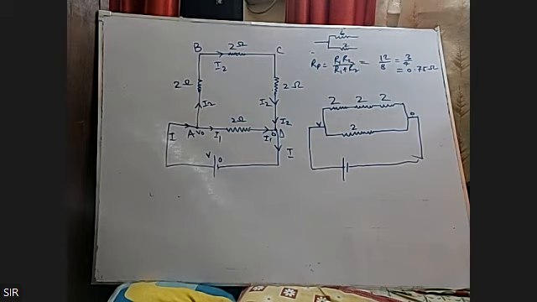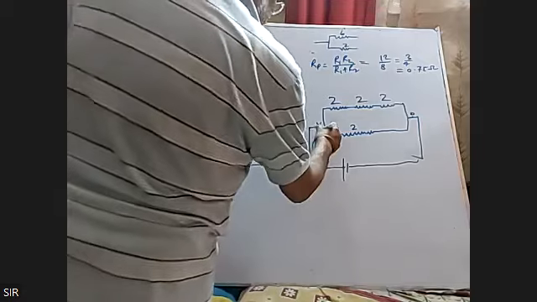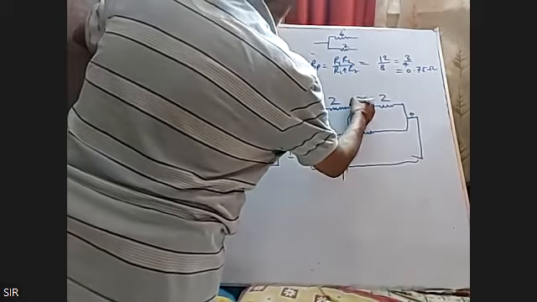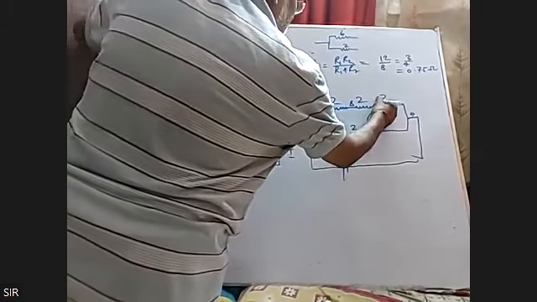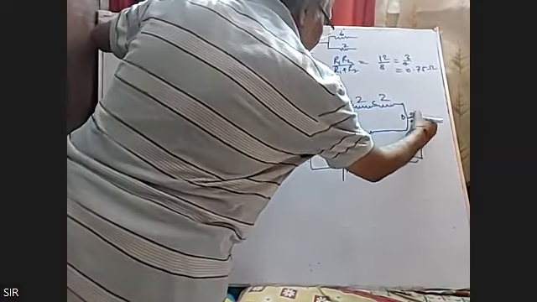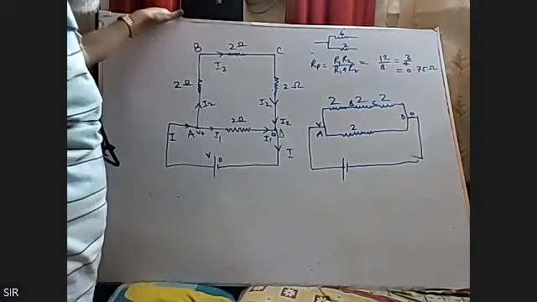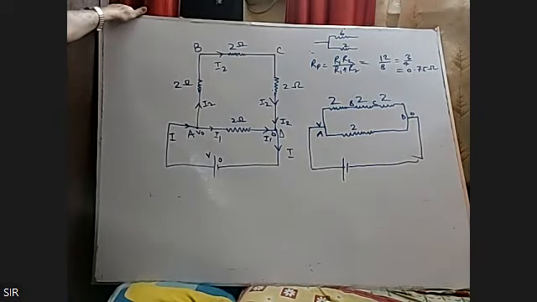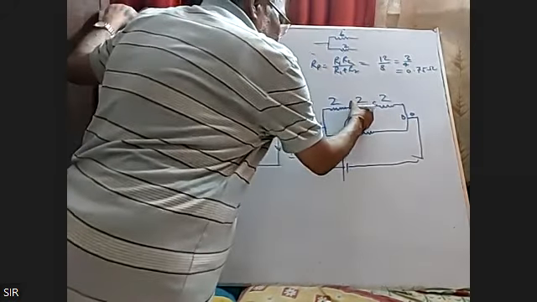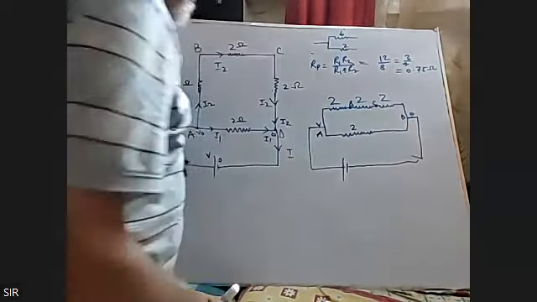Are you understanding the concept? Yes, sir. So this is your A. If I have to start, this was A, this was B, this was C, and this point was D. Khatam. Are you getting my point? Yes, sir.